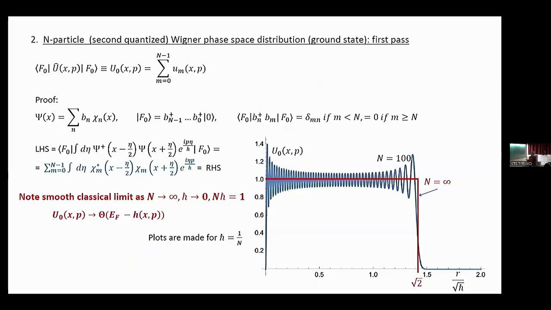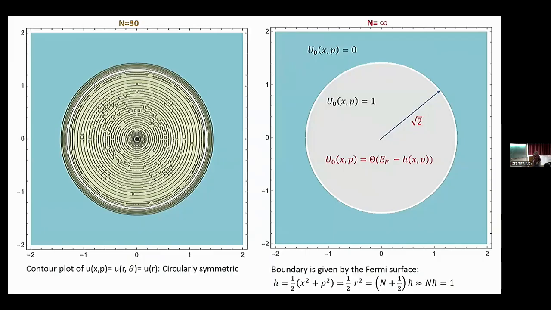So this you can explicitly prove in this case. More generally, you can show that all the fluctuations are near the Fermi surface, where you can use a WKB representation for the wave functions, and you can sum over these things, and you can show this result. So this is actually something that you can prove.